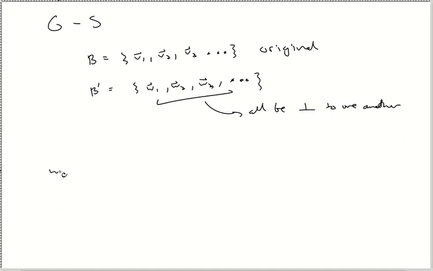So here's the formula. w1 is equal to v1. Cool. w2, that's so easy, is equal to v2 minus ⟨v2, w1⟩ divided by ⟨w1, w1⟩ times w1. It's going to get really hairy. Notice all the w1s. That's not v's there, okay?